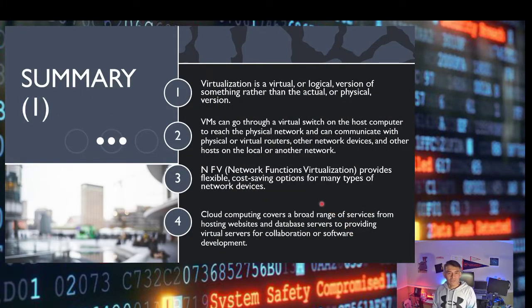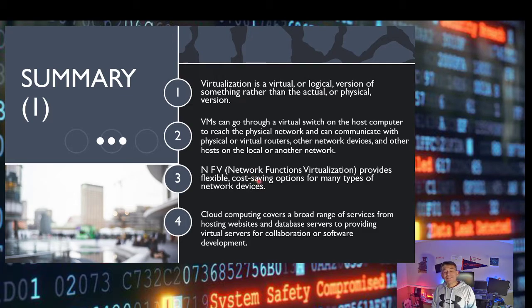In summary, today we have covered the following. Virtualization is a virtual or logical version of something rather than the actual or physical version. Number 2, virtual machines or VMs can go through a virtual switch on the host computer to reach the physical network and can communicate with physical or virtual routers, other network devices, and other hosts on the local or another network.